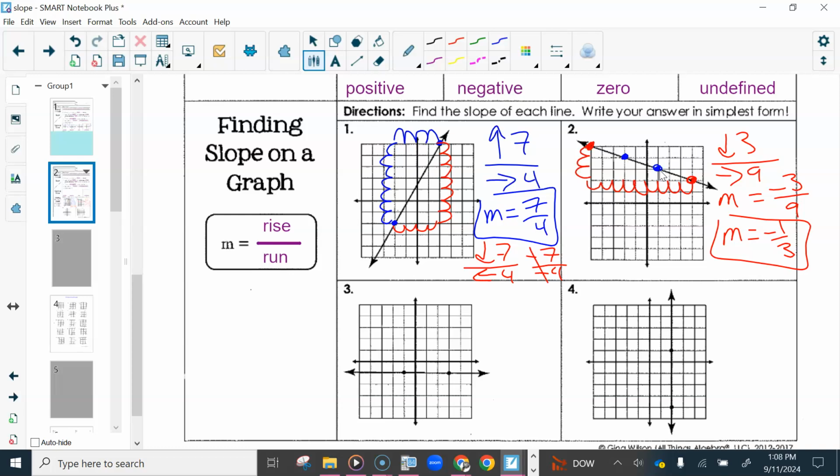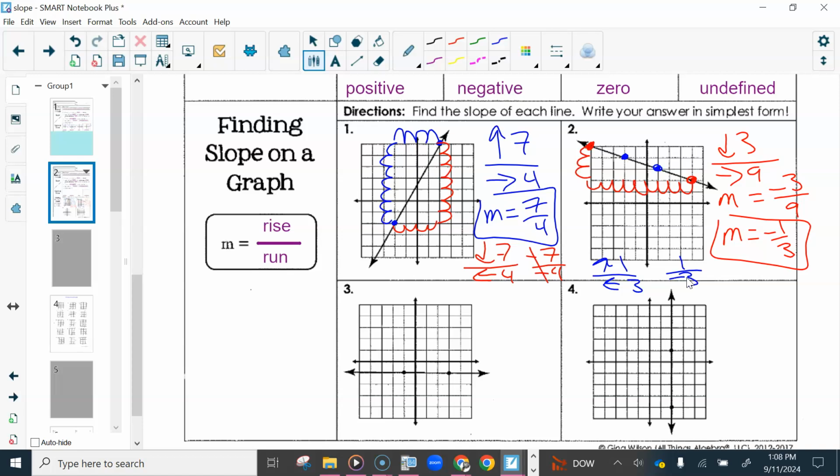If I went the other direction, let's say I started here, and I went up 1 and to the left 3, or up 3 and to the left 9, you would still write it with either the negative up top or out front, because you won't see it in the denominator. So it would be the same thing either way.